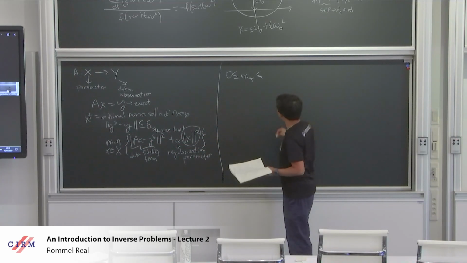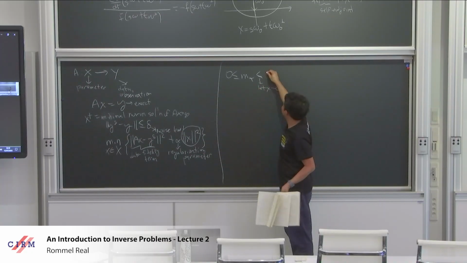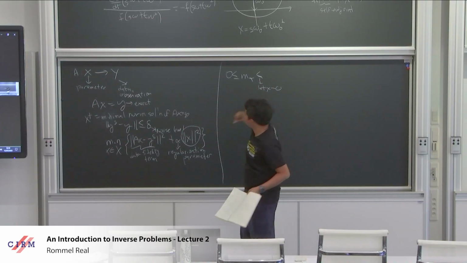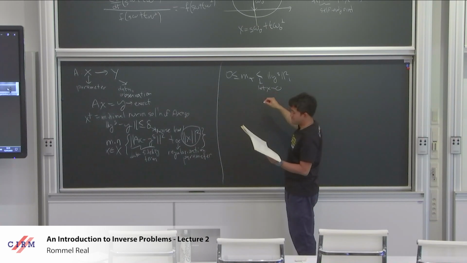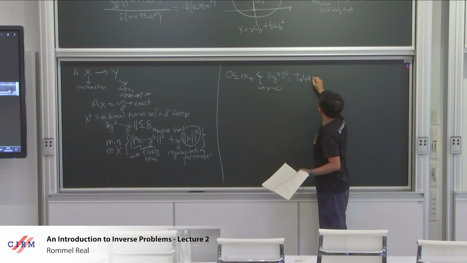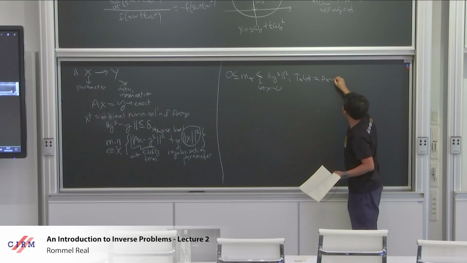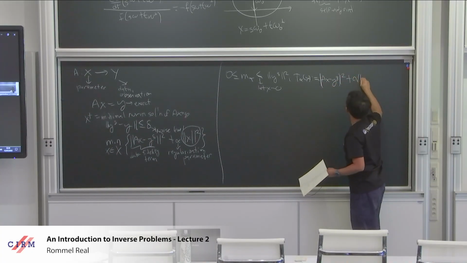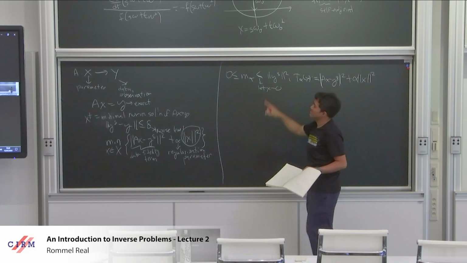In this case, we just let x equal 0, and then you get the upper bound there: the norm of y delta squared. For ease of notation, we let T sub alpha of x be the Tikhonov functional. So we let x equal 0 and you get the norm of y delta squared.